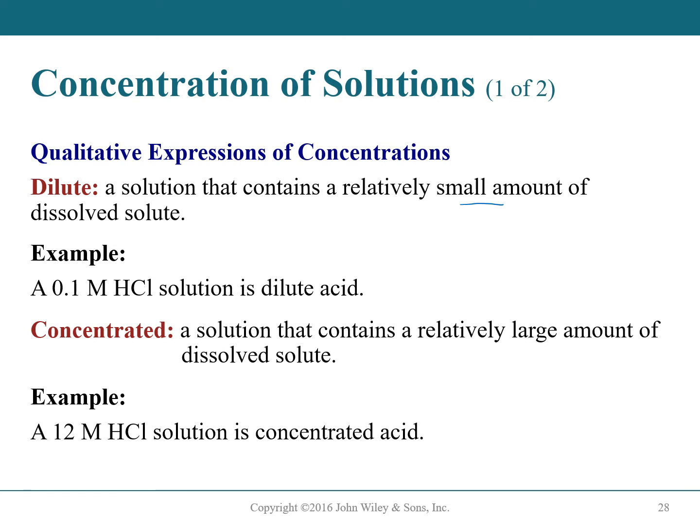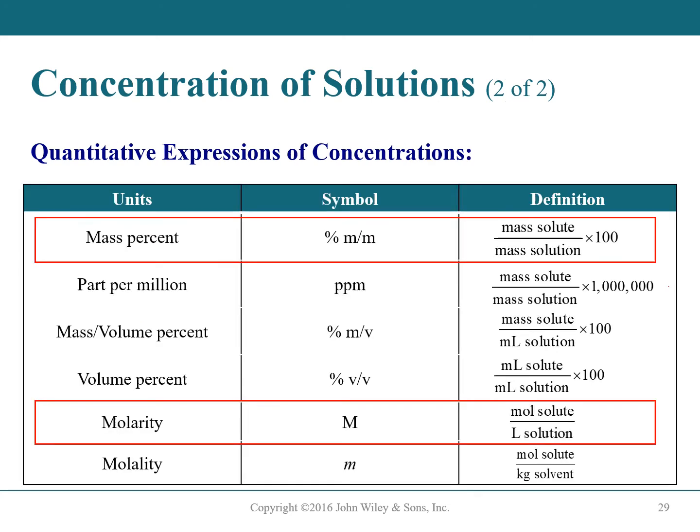The problem with these qualitative expressions, although we use them a lot, like this orange juice tastes very dilute, or it's concentrated orange juice, is that what might be dilute to one person is different to another, since there's a range of values. So if I say make a dilute solution, two people could make dilute solutions, but they're still different. So what we need is a quantitative way of describing our concentrations.